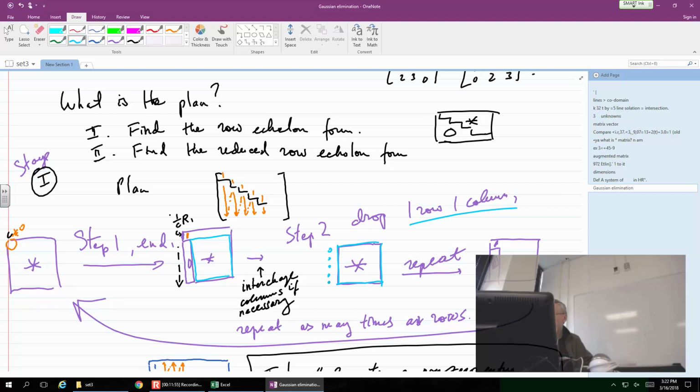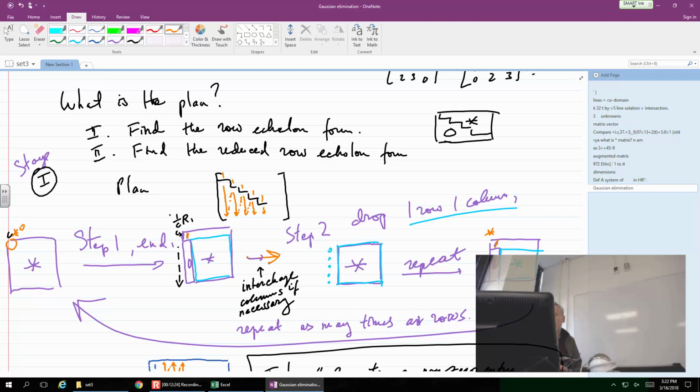Then you repeat this process: find a non-zero entry, turn it into 1, eliminate entries underneath. Then you have a new, smaller matrix yet. Repeat it as many times as necessary. This is my cycle, and you end up with a bunch of leading ones.